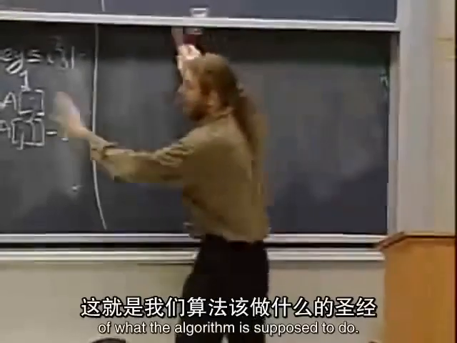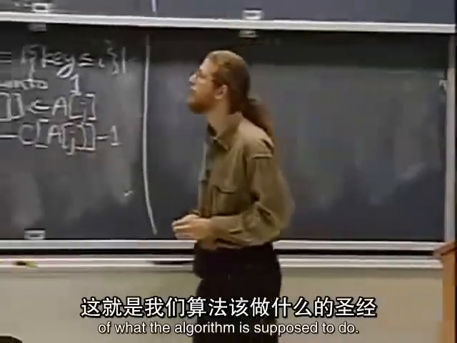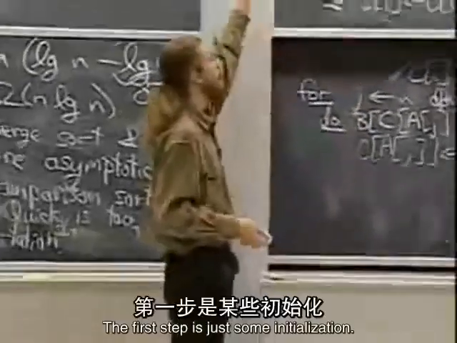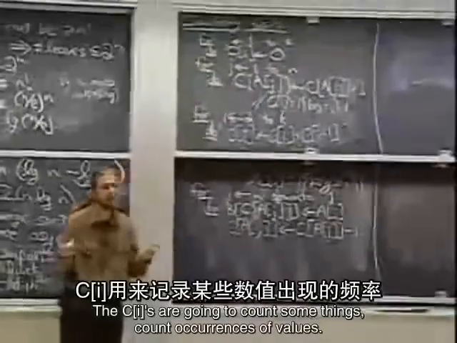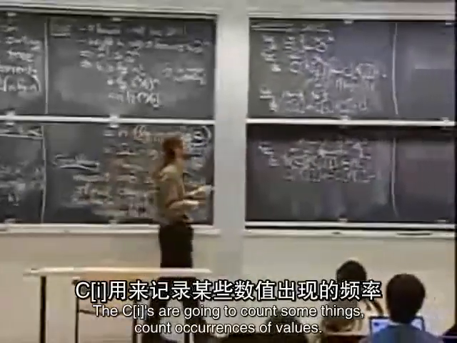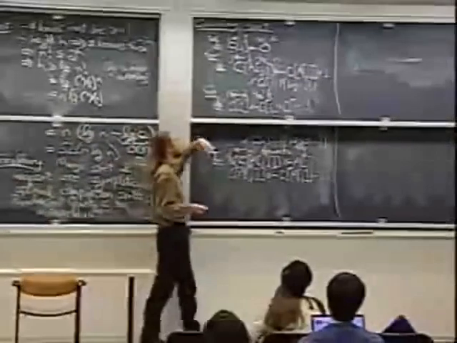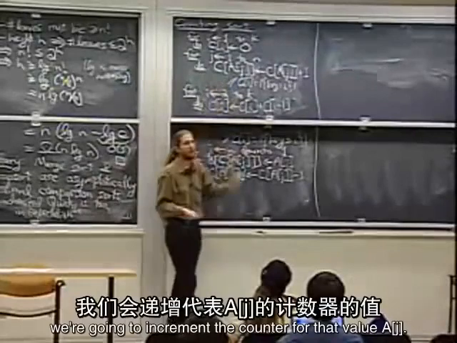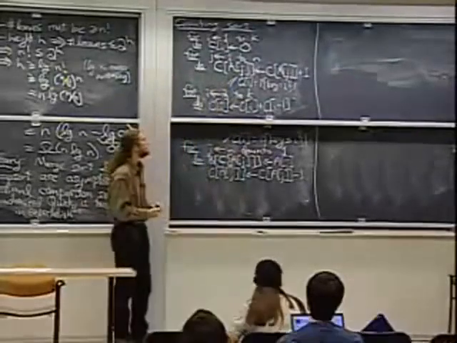This is sort of our Bible, what the algorithm is supposed to do. Let me go over it briefly. First step is just some initialization. The C[i]s are going to count some things, count occurrences of values. And so first we set them to 0. Then for every value we see, A[j], we're going to increment the counter for that value, A[j].